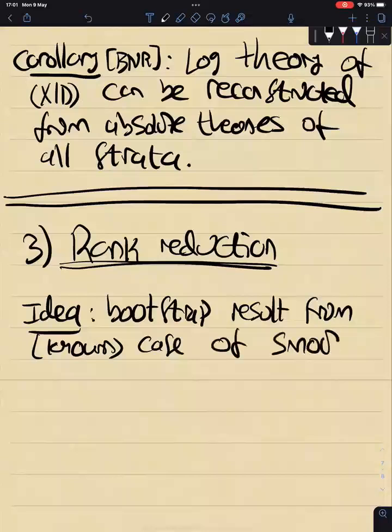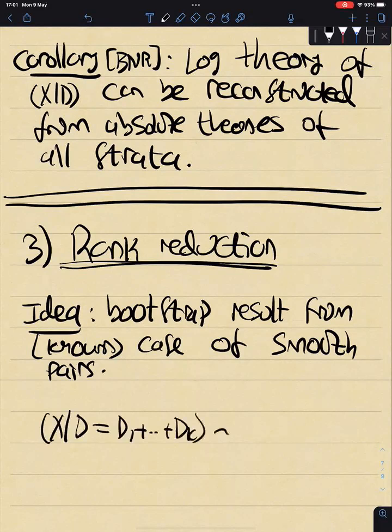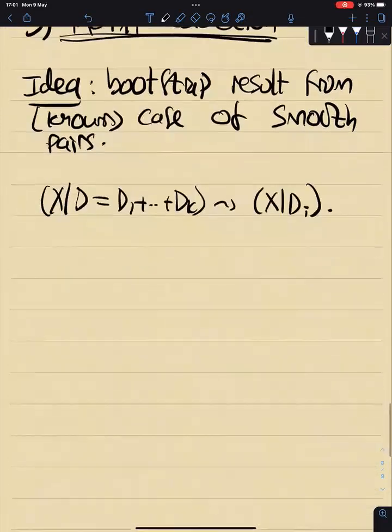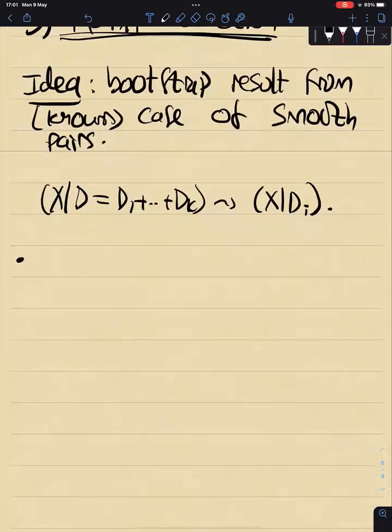So I have my SNC divisor, and so I have a bunch of smooth pairs, K of them, in fact. And I know that the theorem holds for the smooth pairs, so I would like to be really lazy and use that to deduce the theorem for the SNC pair, okay?